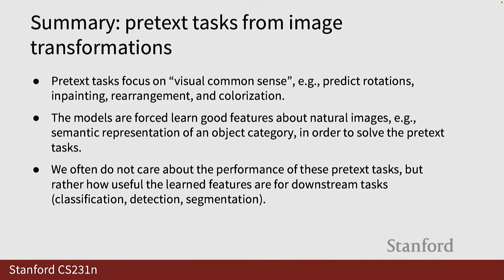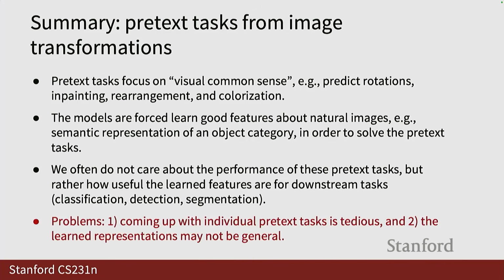Pretext tasks were actually very important, and as I said, their focus is on understanding the visual common sense. Related to some of the questions that were asked, coming up with an individual pretext task is often challenging because the learned representations may not be general enough, because of the type of task that you define.